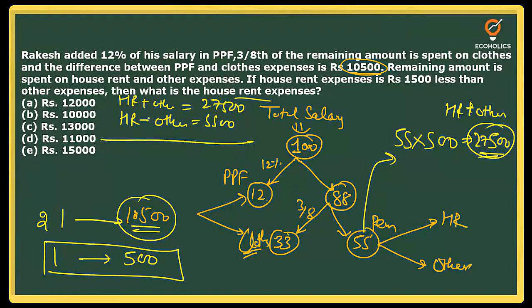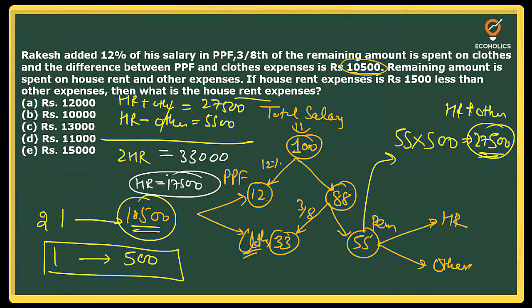So now add these two, this will be cancelled out. So twice of house rent is equals to, 0, 0, 5 plus 5 is 10, 1 is carry, 7 plus 5 is 12, plus 1, 13, and 2 plus 1 is 3. So house rent will be half of this, which is 17,500, which is not in the option.